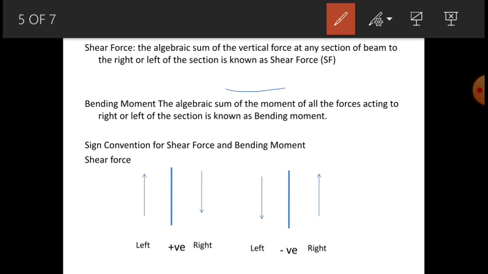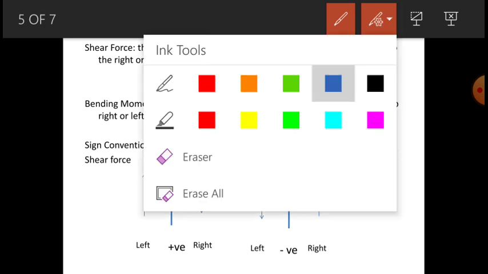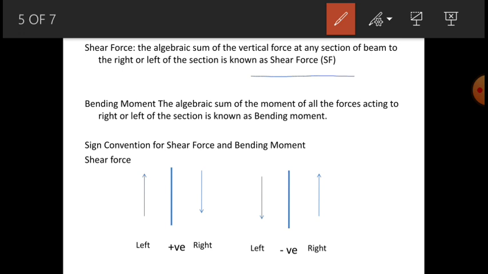Okay, if this is your beam, it is said that the algebraic sum of vertical forces, we consider that the downward force is positive and the upward force is negative, of the section drawn.